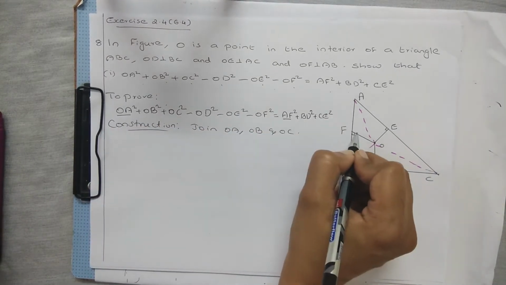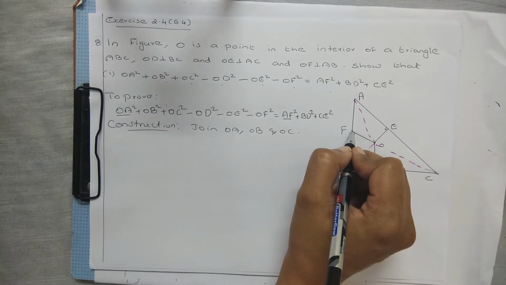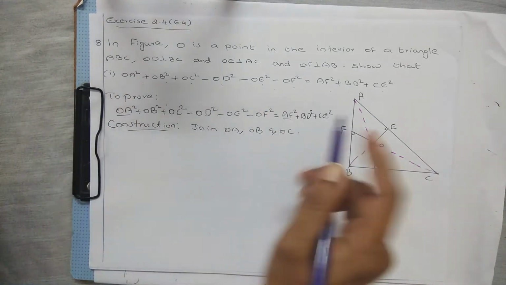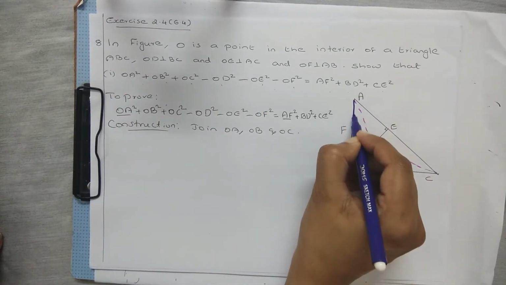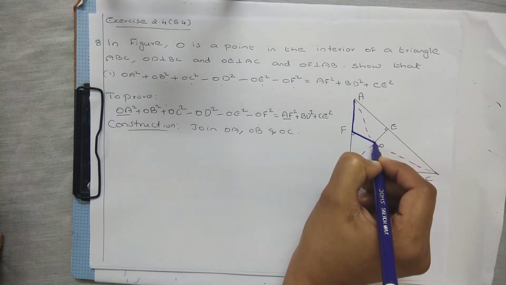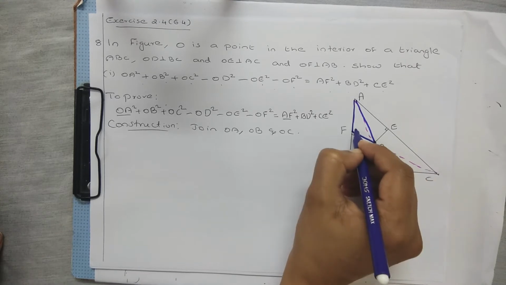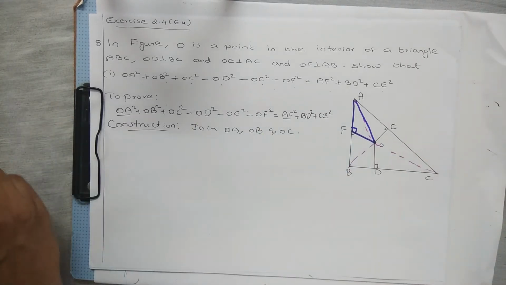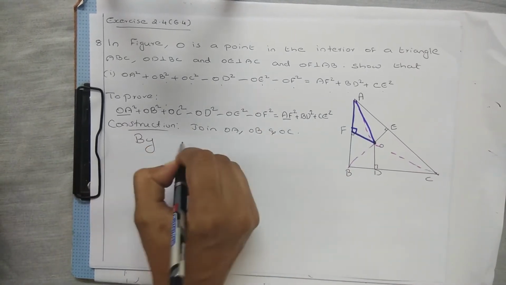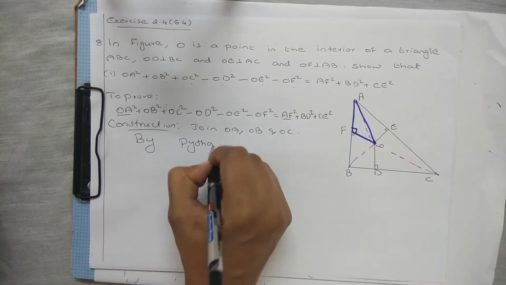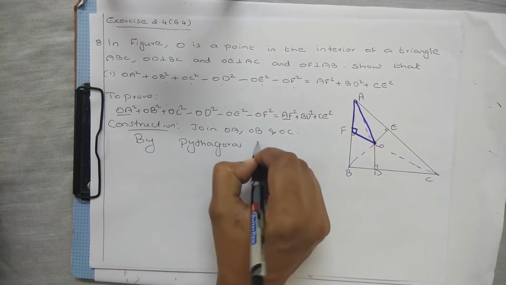Which are the sides of the triangle? It is OA square and OF square. Which are the sides? This one AF and OA. So this triangle you have to consider, this is 90-degree angle. So by Pythagoras theorem, I am not writing Pythagoras theorem always, just write it one time.